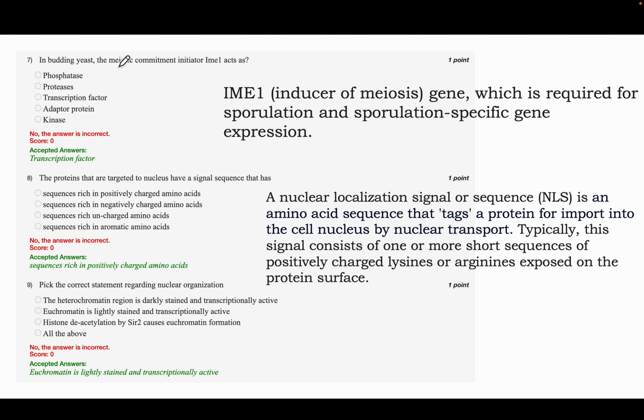The next question: in budding yeast, the meiotic commitment initiator IME, also called the inducer of meiosis.